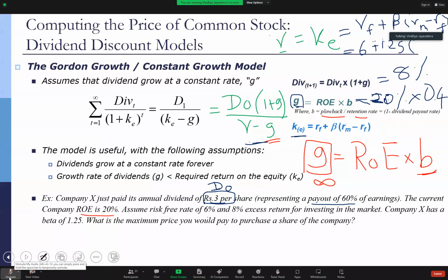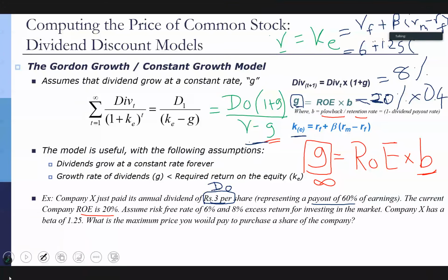Is it 2? 2 because RM is 8%, RF is 6%. Is that correct?